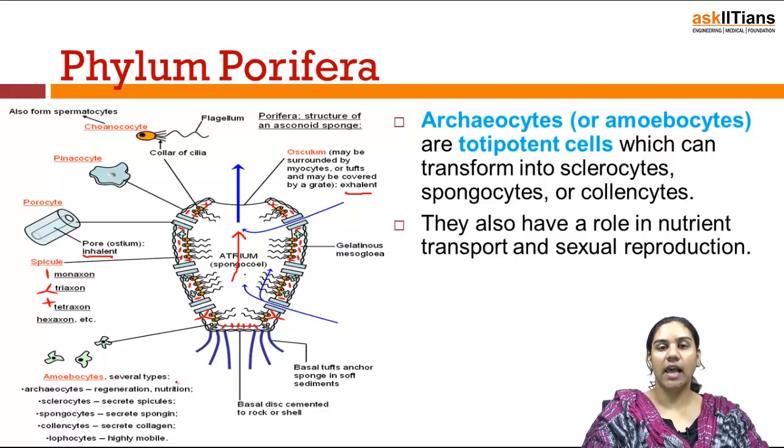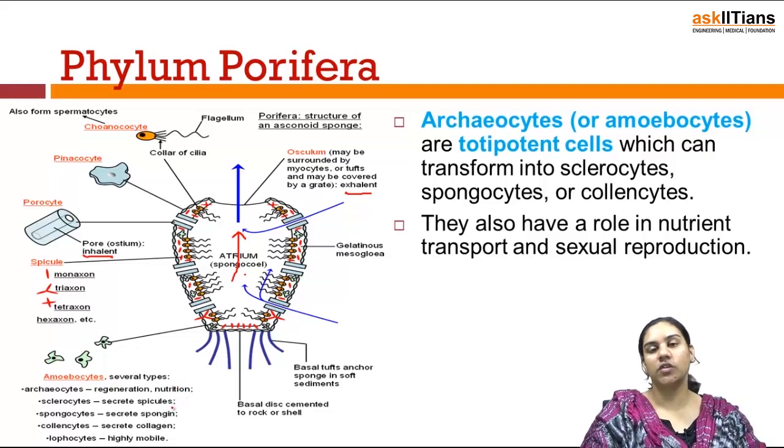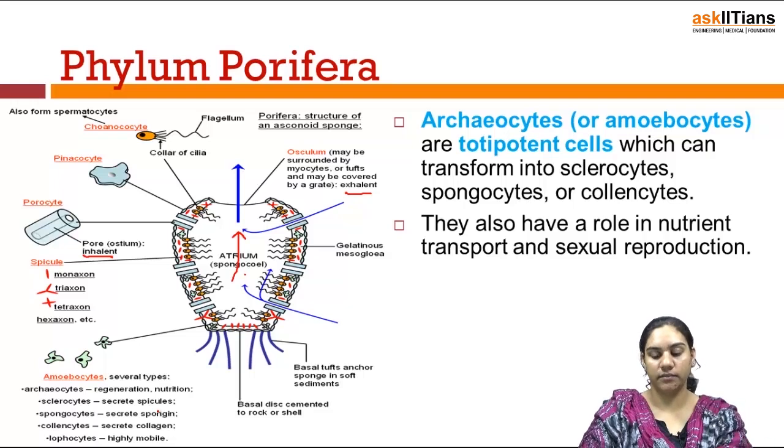The archaeocytes help in sexual reproduction and nutrition. The sclerocytes secrete spicules. The spongocytes secrete spongin. Collencytes secrete collagen, and lophocytes are highly mobile cells.